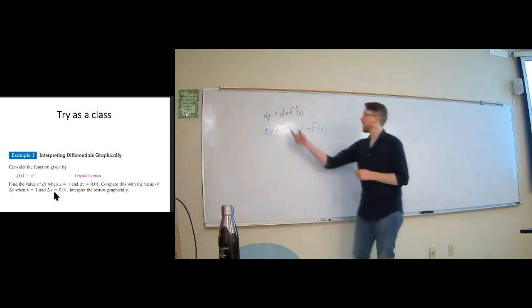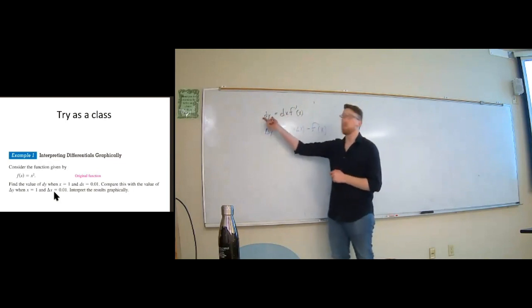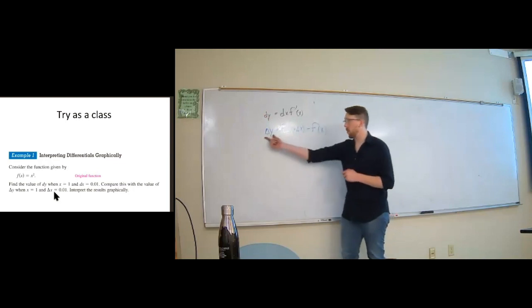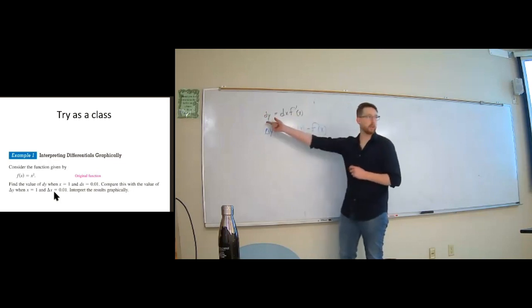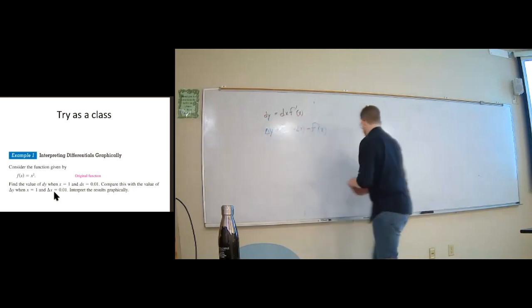This tells us how, for infinitesimal changes in x, y changes, and this tells us how, for changes in x, y changes. So this is what our function does, this is what our tangent line does. Cool? Okay.